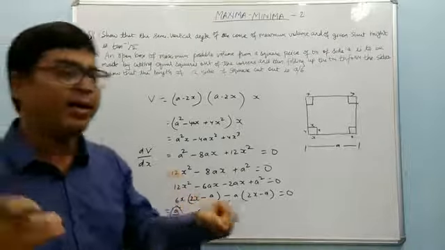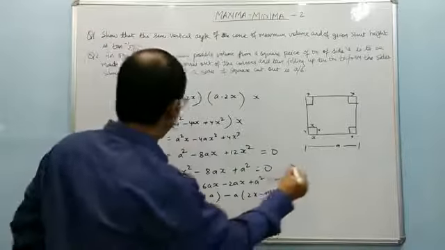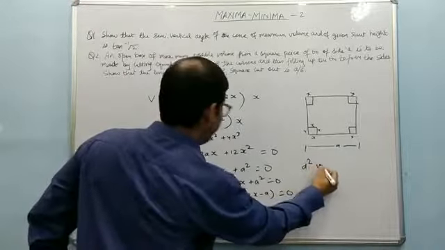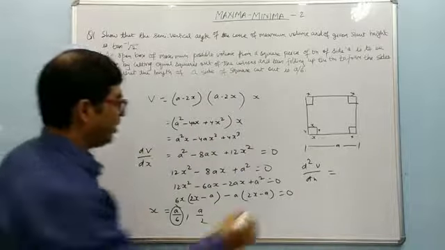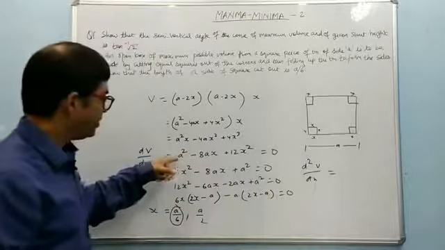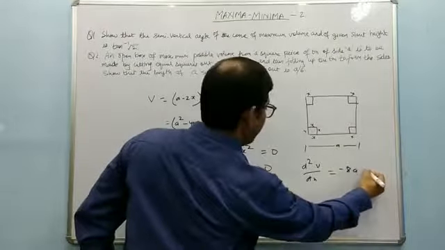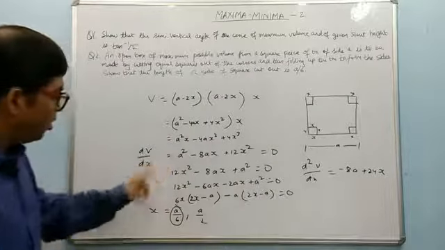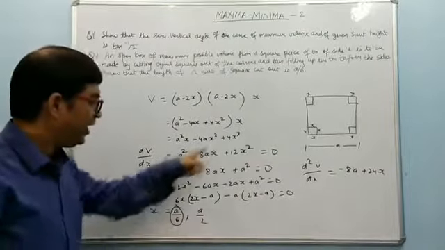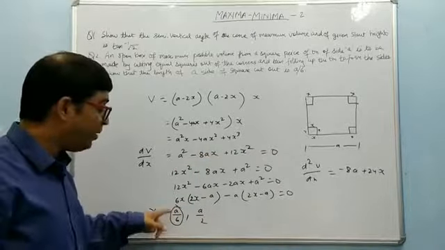Moreover, if we double differentiate this and put the two values, if we double differentiate d square v by dx square. Just double differentiate. This is coming out to be a square 0. This is minus 8a and this is 24x. Yes. So you put the value of a here.